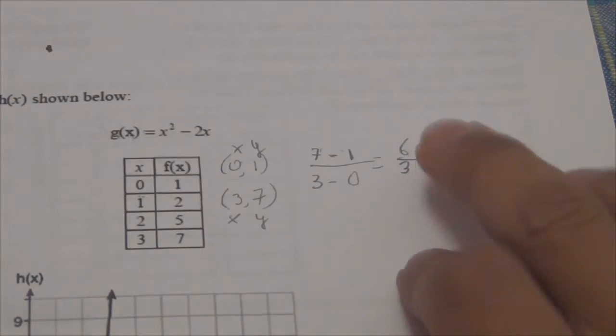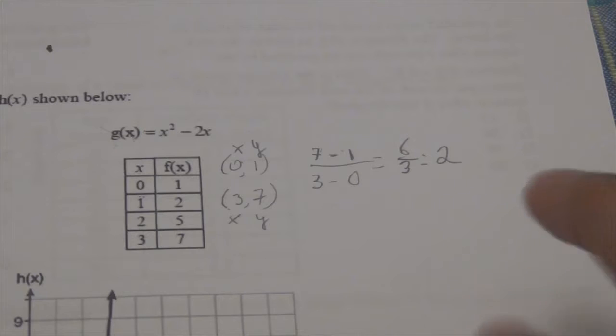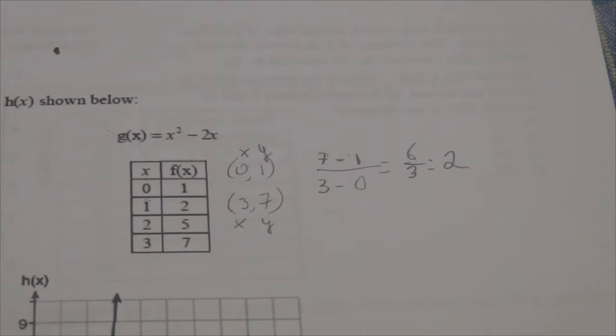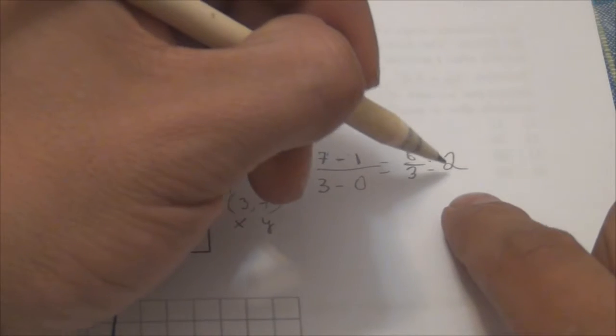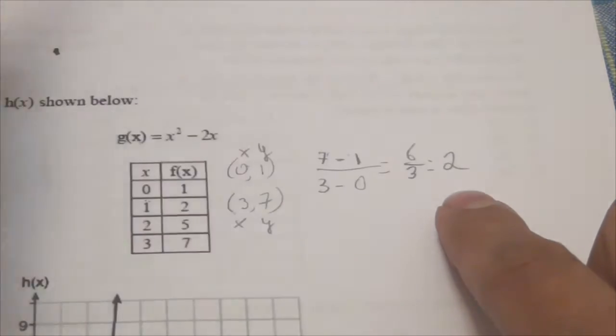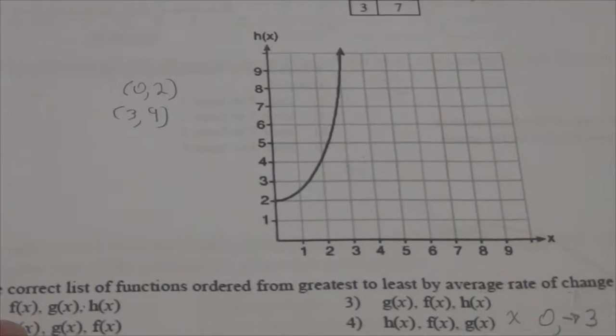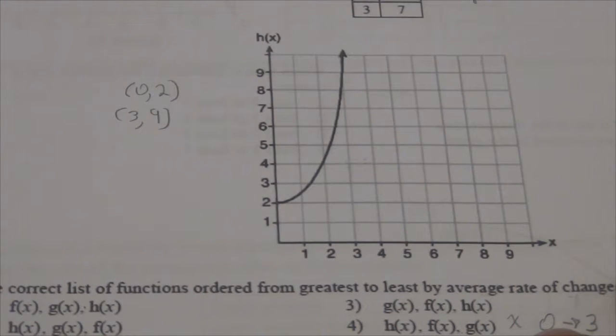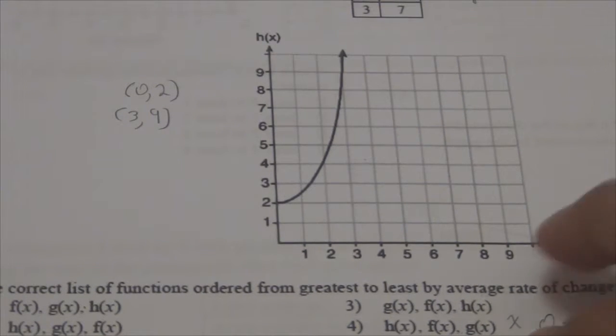The average rate of change, 6 divided by 3, is 2. That would actually be the slope, right? And if we were to graph something, this would be like 2 over 1: 2 up and 1 to the right. You saw that in the previous episodes. And now for h of x. All right, let's see if you can start without me.